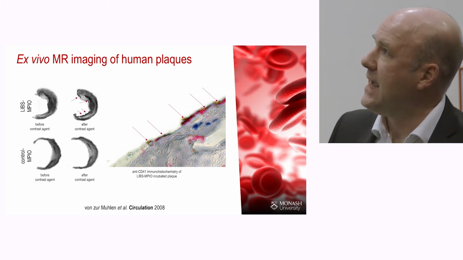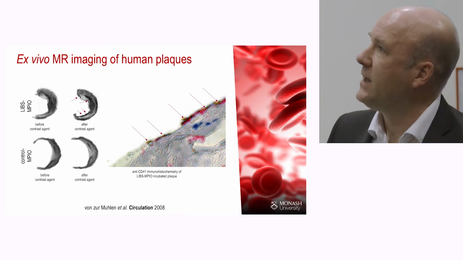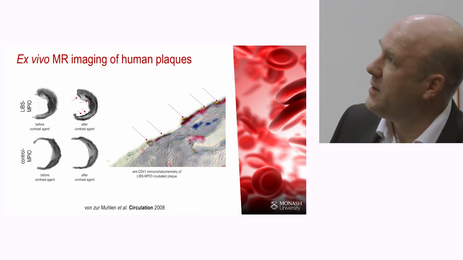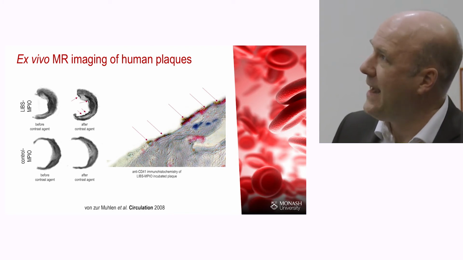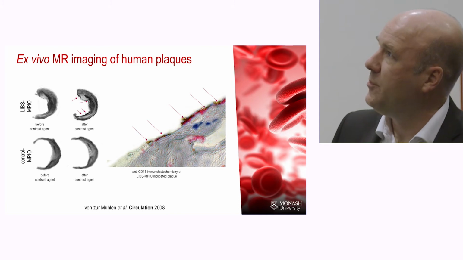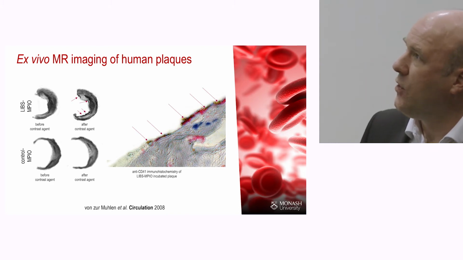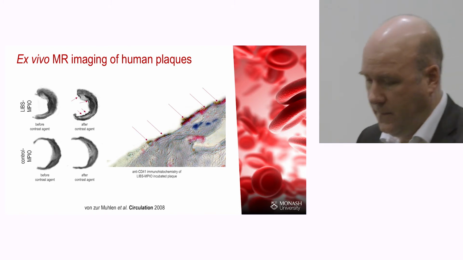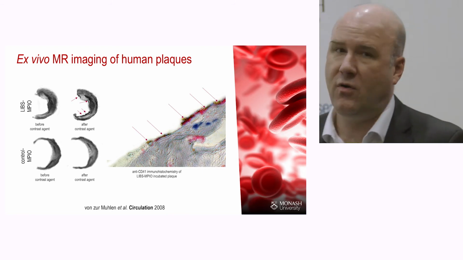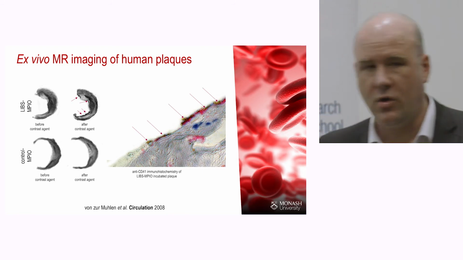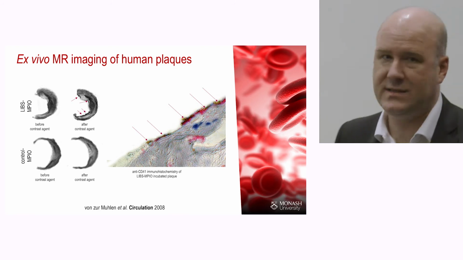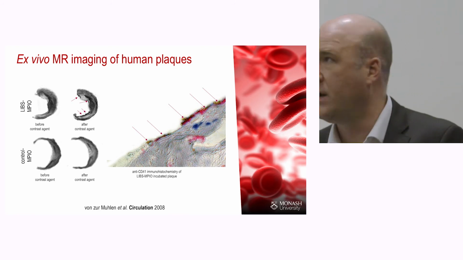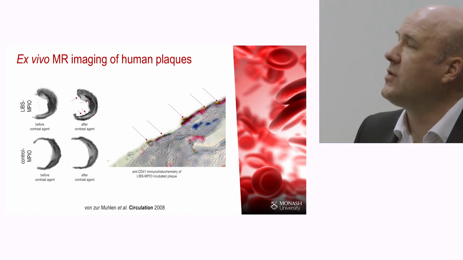And here you can see the MRI scans, so that's the targeted agent before and after, and this is a non-targeted agent. So you can, if the light would be a bit darker, see that there's more black on the surface of these plaques compared to before or compared to the control. But you would also appreciate that MRI has an inherently low contrast. So MRI is a very low sensitivity modality when it comes to T1 and T2 contrast.